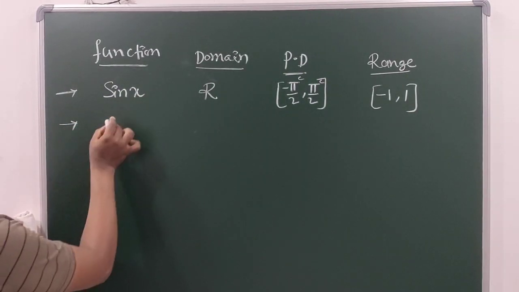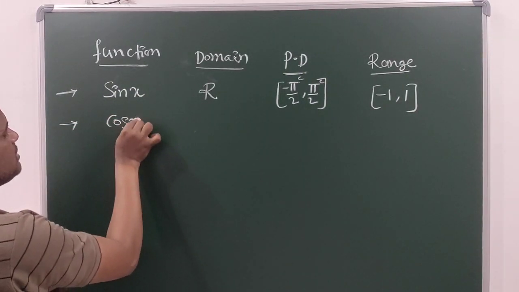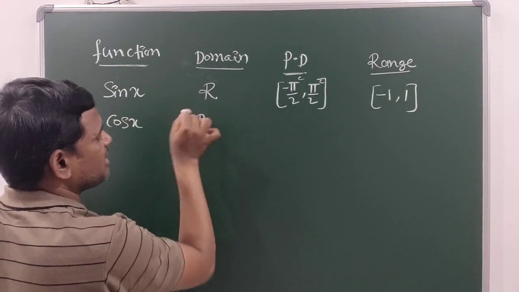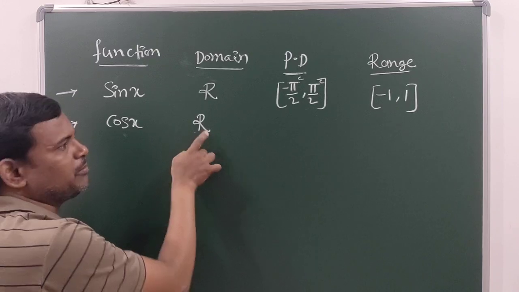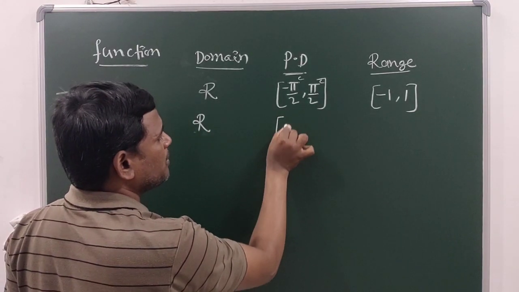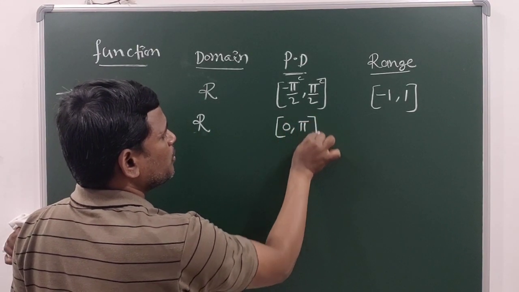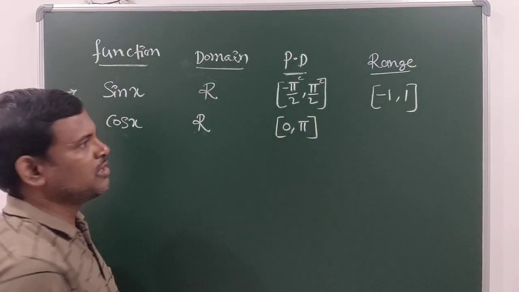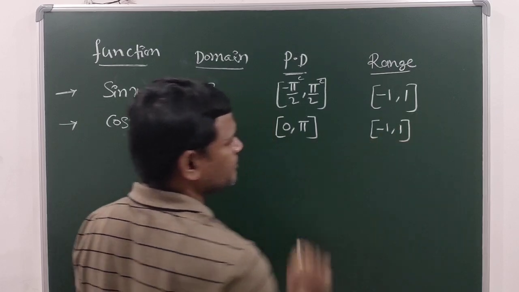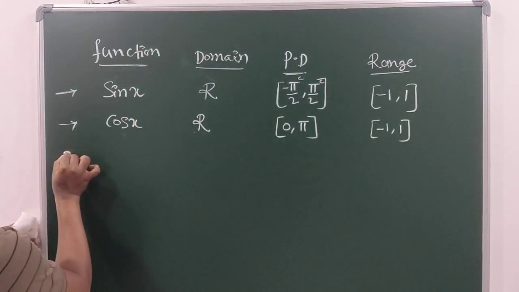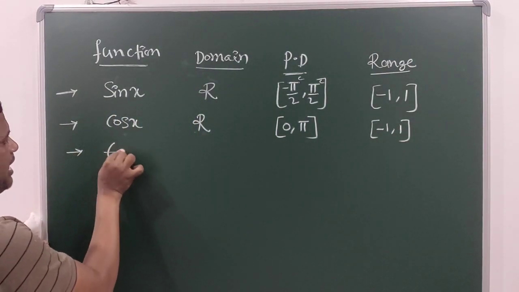Similarly, cos x, whose domain is the set of real numbers. This function is also defined on the entire real number set, its principal domain is 0 to pi, and the range is minus 1 to 1. Let us go to tan x.